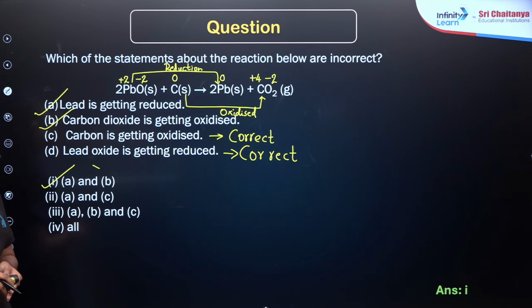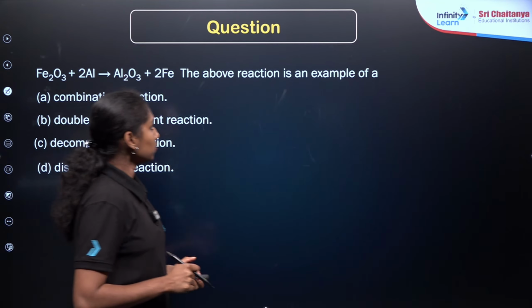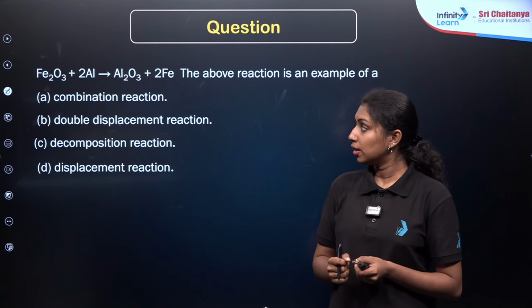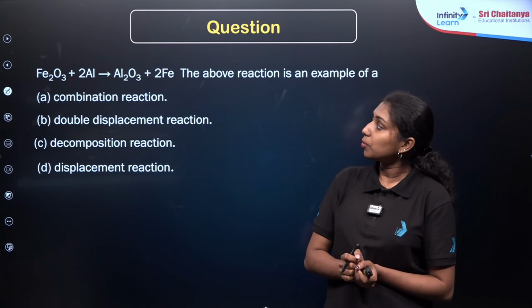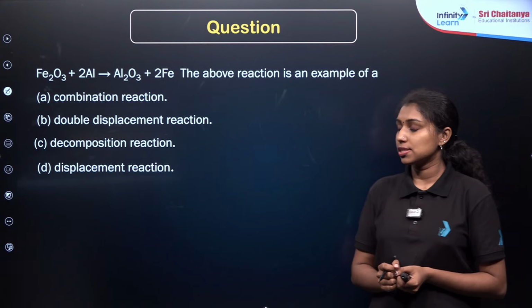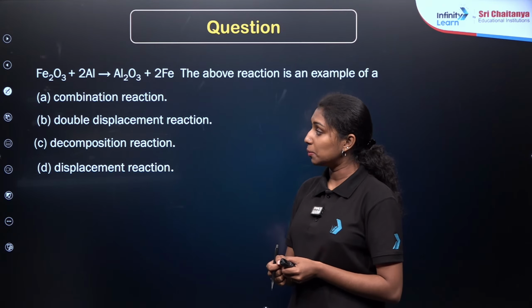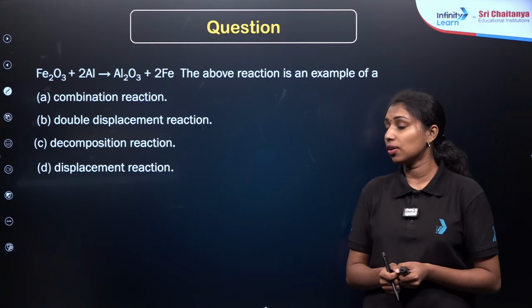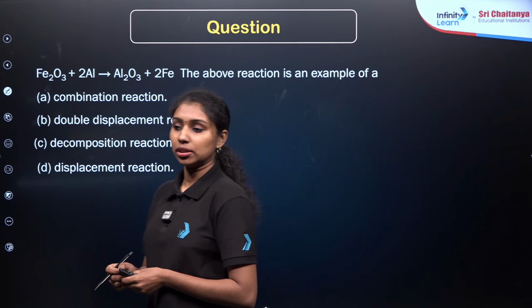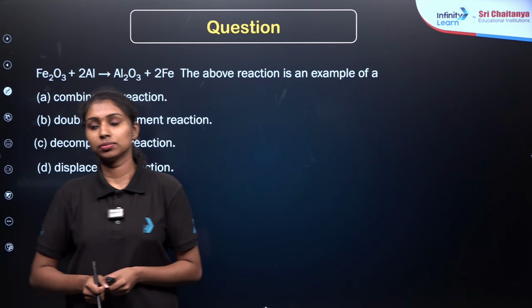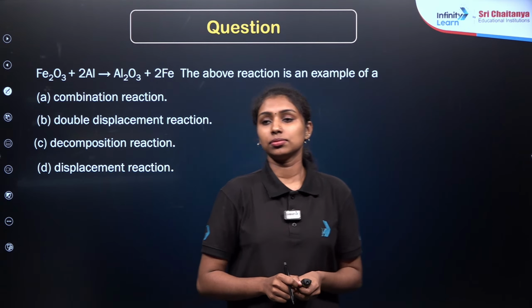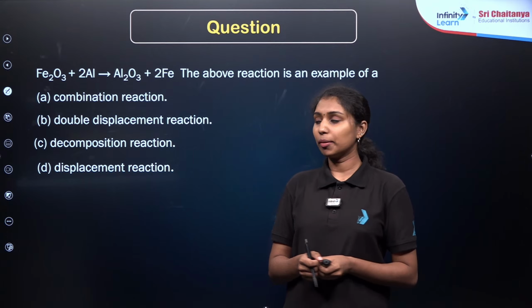Okay, now we are moving to our next question. Another reaction is given here. You need to identify which type of reaction it is, whether it is a combination reaction, double displacement reaction, decomposition or displacement reaction. So what will be the answer?